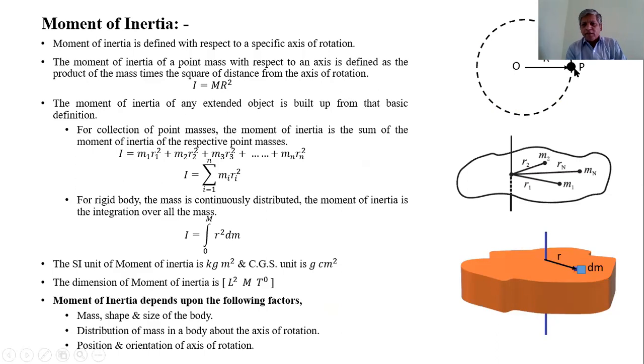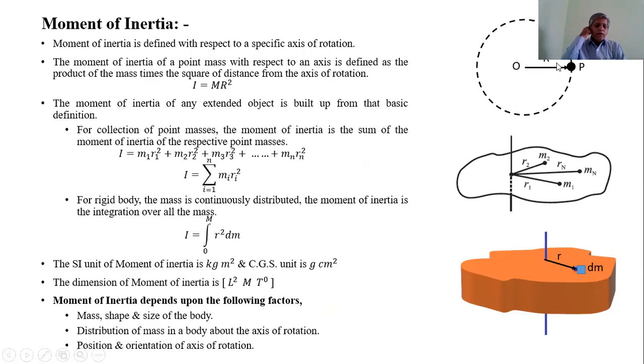In this first figure, we consider a single point mass and O is the axis of rotation. If this single particle revolves around this point O, at that time the moment of inertia of a point mass with respect to an axis is defined as the product of mass times the square of distance from its axis of rotation.